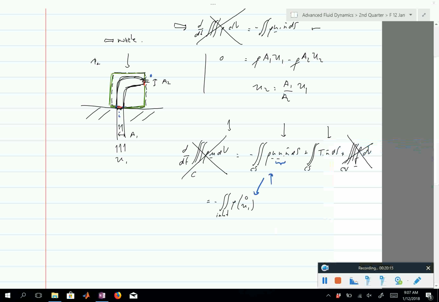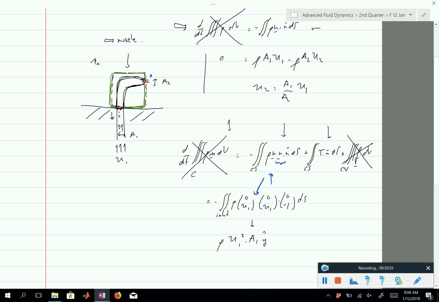And u dot n, so my n vector is the normal vector pointing outwards, so it's in this direction, so it's minus y. So I have 0 u1 dot 0 minus 1 ds. So in the end, this here gives me rho u1 squared times a1, but it has a direction. It's on y.